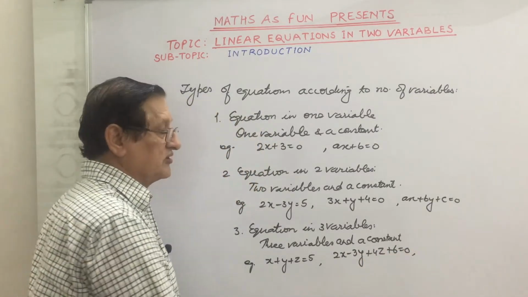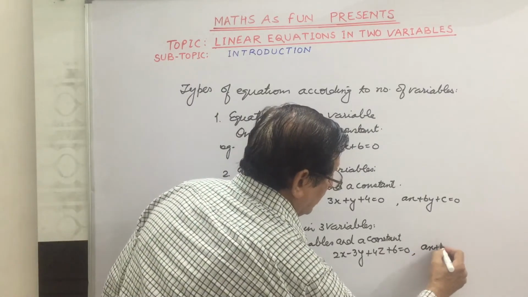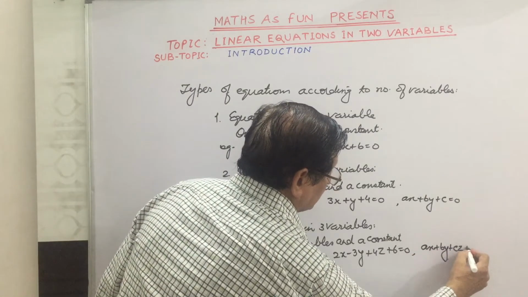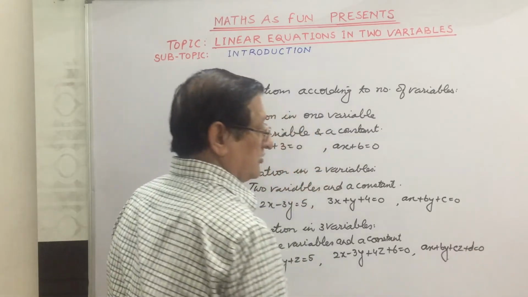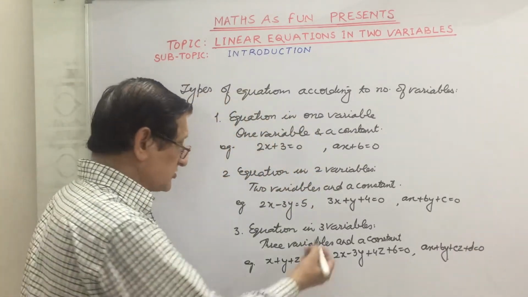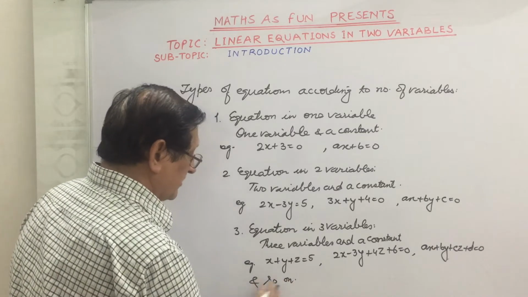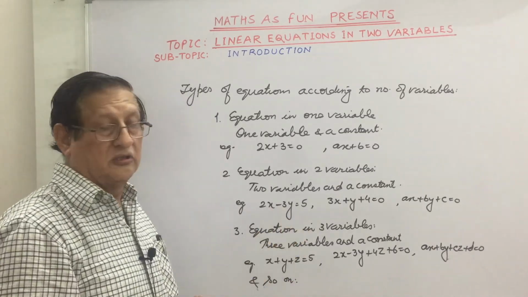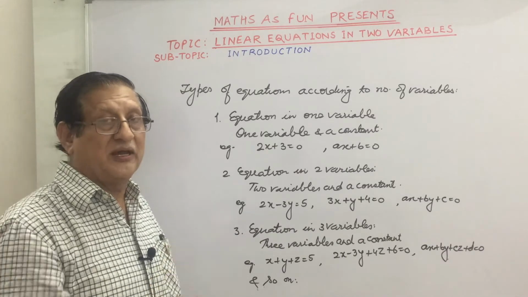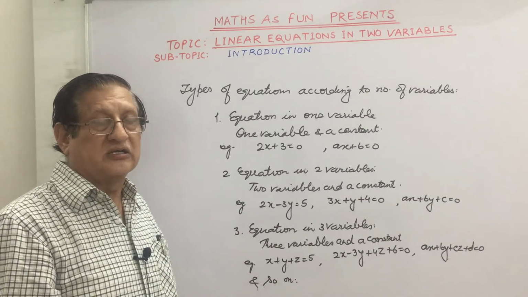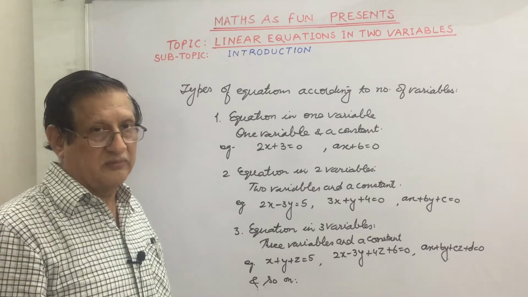The general form of this can be given as ax plus by plus cz plus d equal to 0, and so on and so on. We can go for many variables. There may be n variables also, then we say it is the equation in n variables.